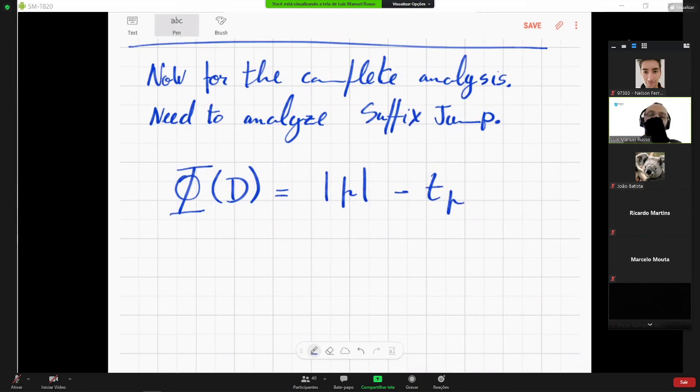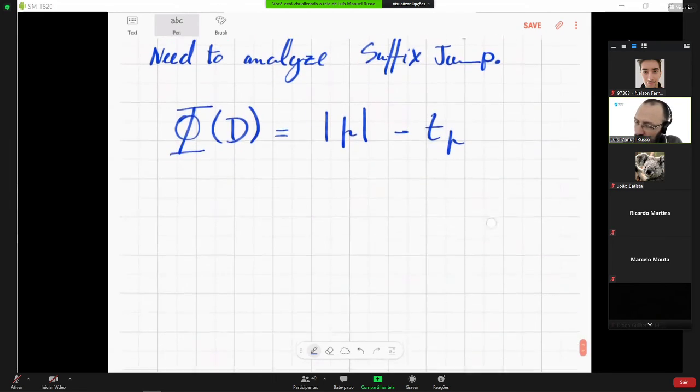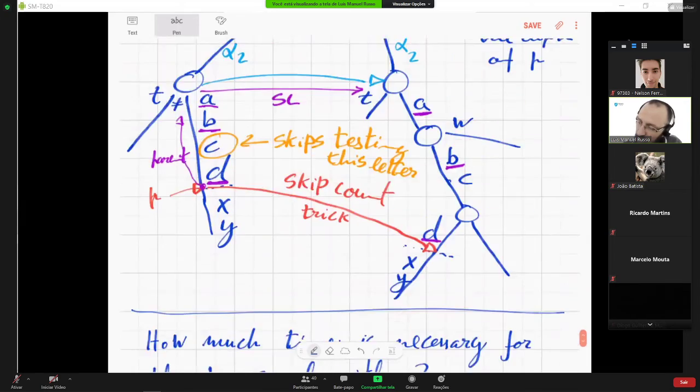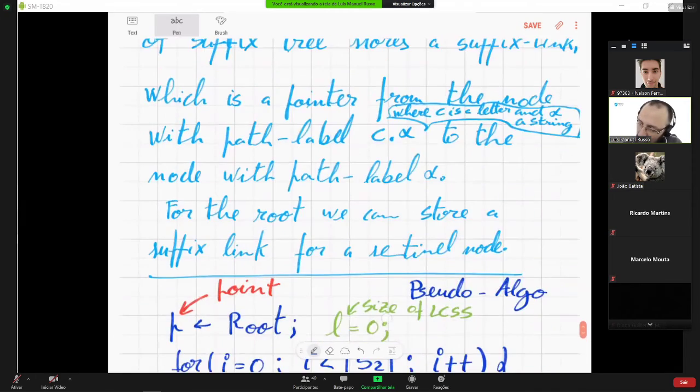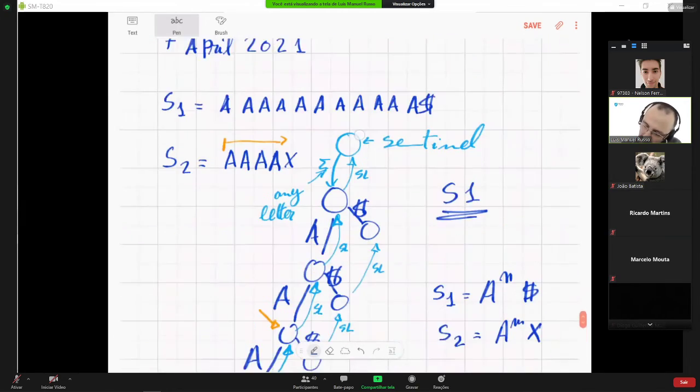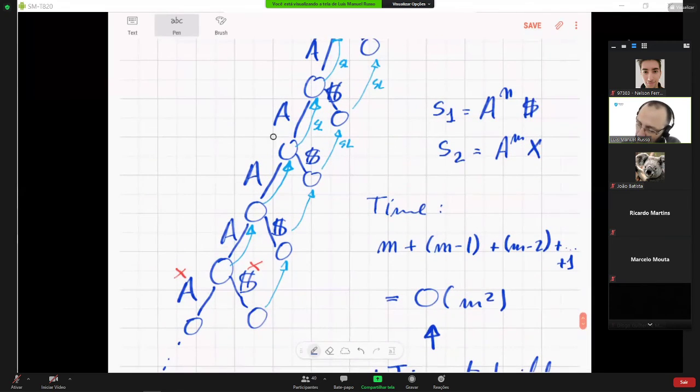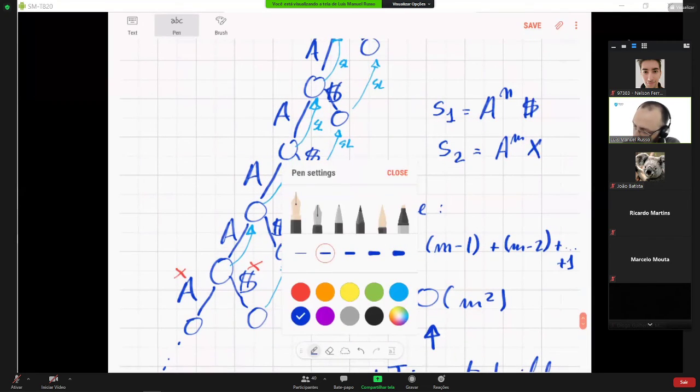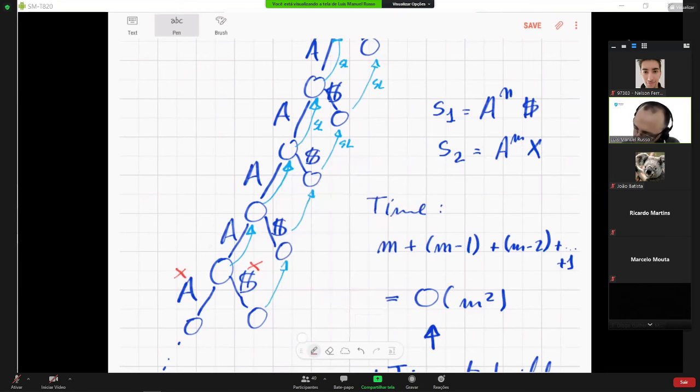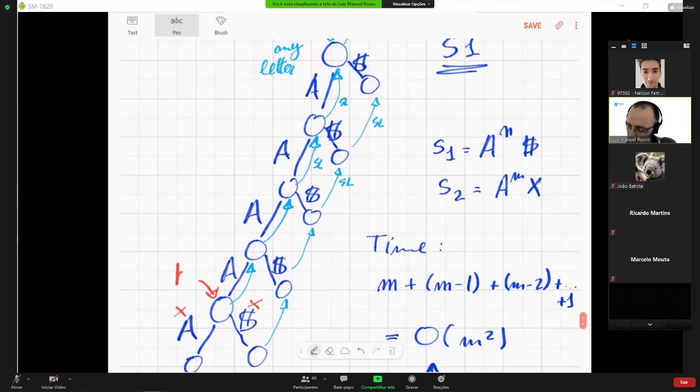Okay, and this potential function doesn't actually work because if you're in a situation like this one over here, if you're in this tree, and suppose that your point is like this one, here the string depth and the tree depth is the same, right?